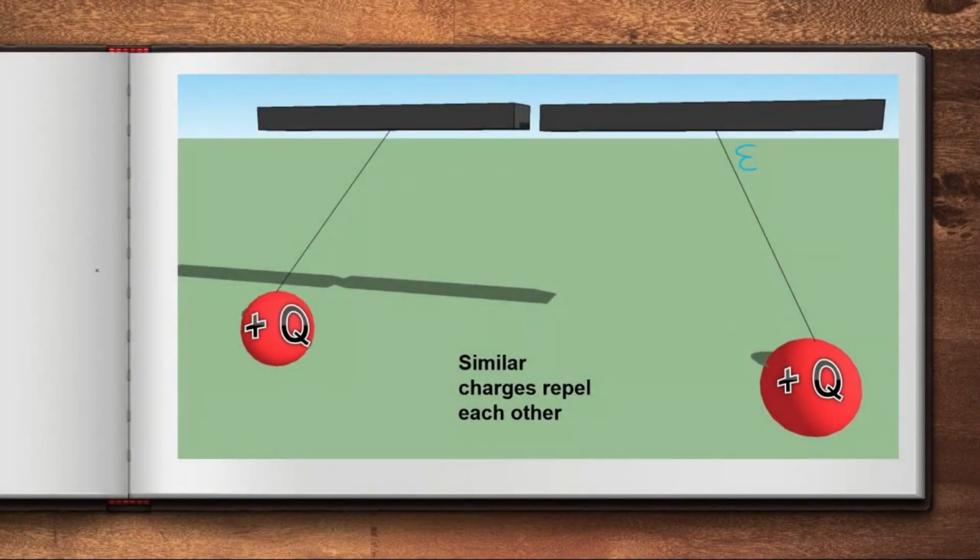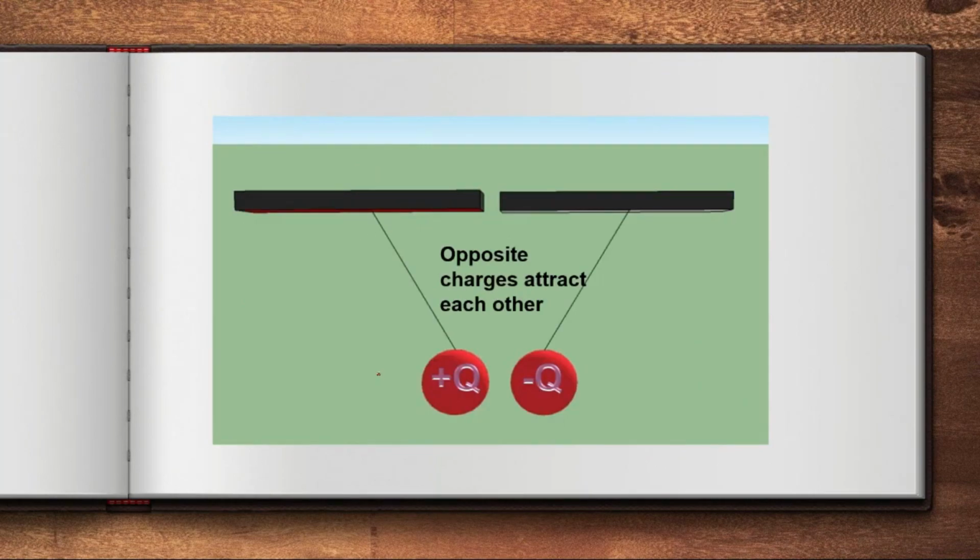So that is the reason, if there are two like charges, positive Q, both are giving out force lines, and these force lines on opposite sides are repelling each other. But in the case of opposite charges, the positive Q is sending out the force line and the negative Q is taking the force line inward, so they are attracting each other.